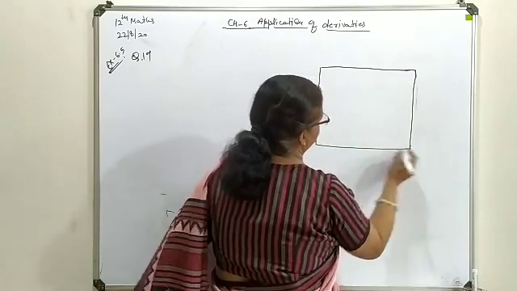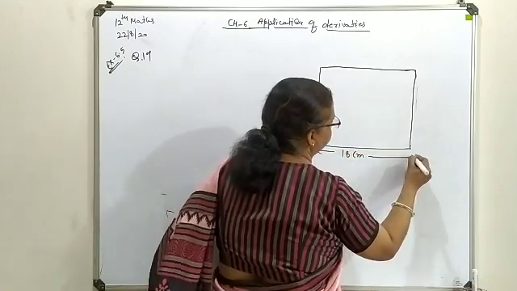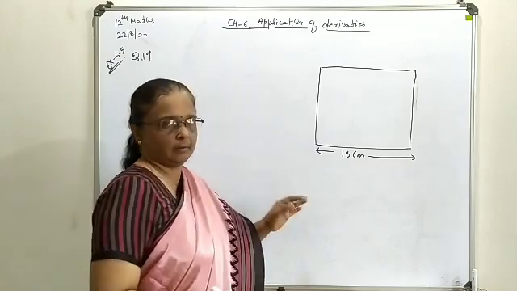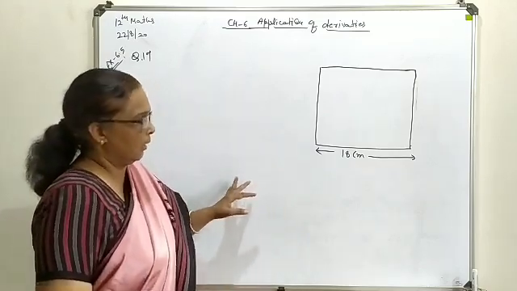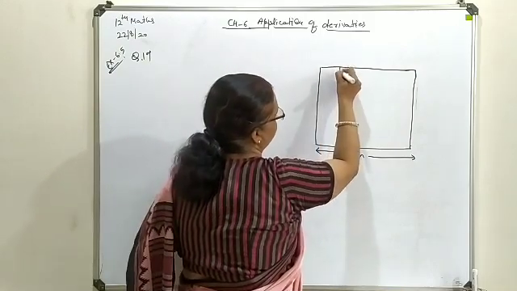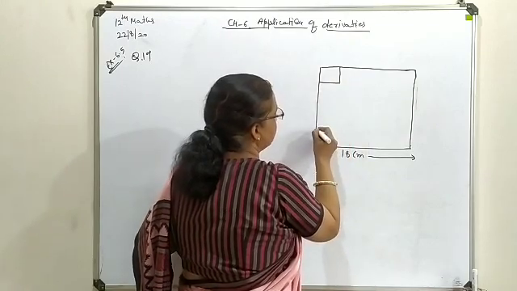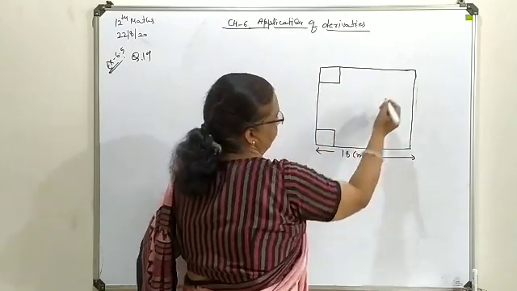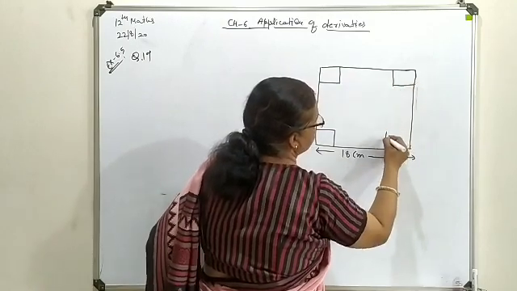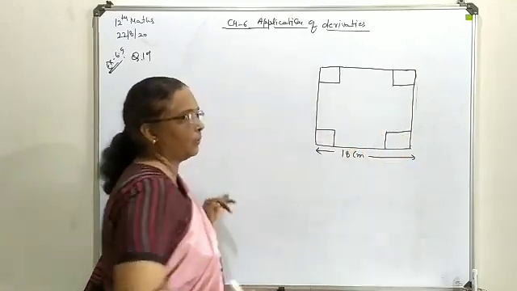Here is the square sheet, side length 18 centimeter. Now from this square sheet, squares of the same side length are to be cut at each corner. These 4 squares are cut from each corner of the sheet.